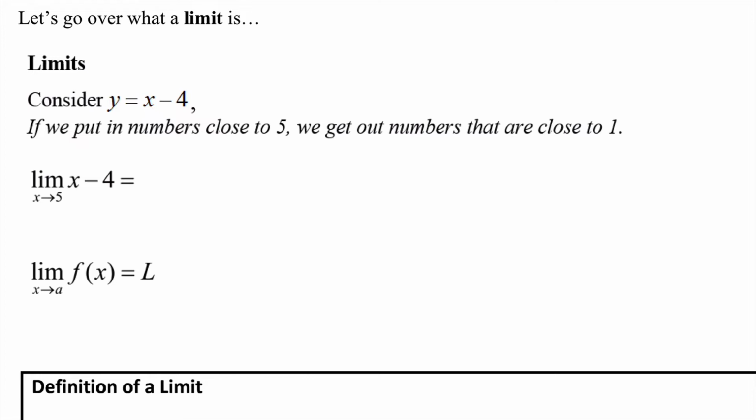So what do I mean by approaching? Well, think of a number line. Let me draw it over here so we can see it on the recording. A number line goes from negative infinity to positive infinity.